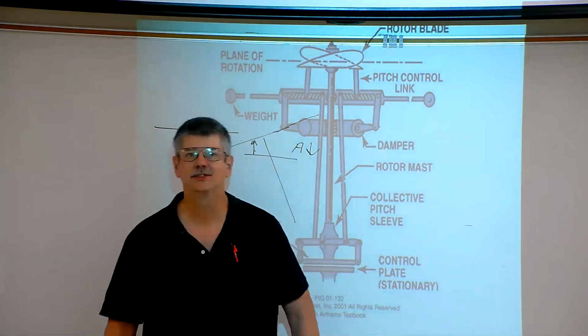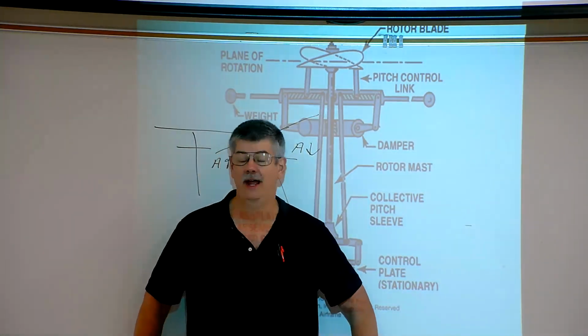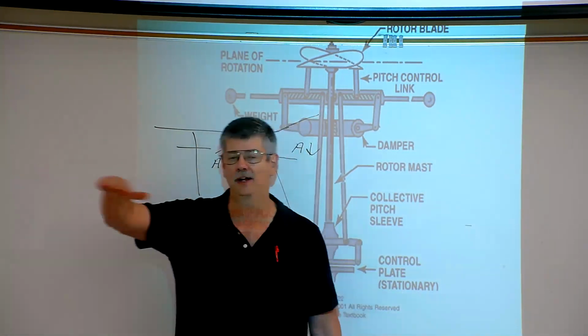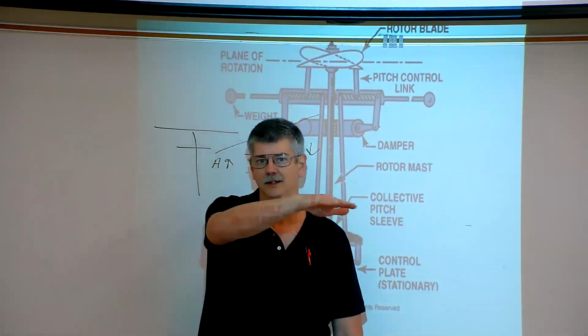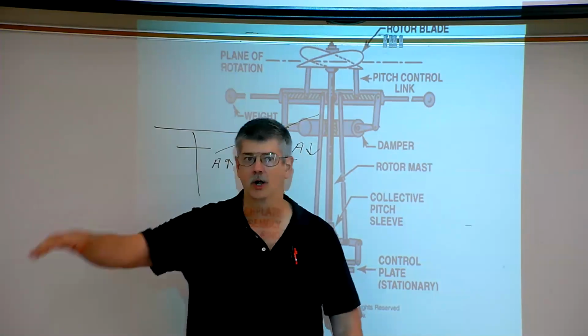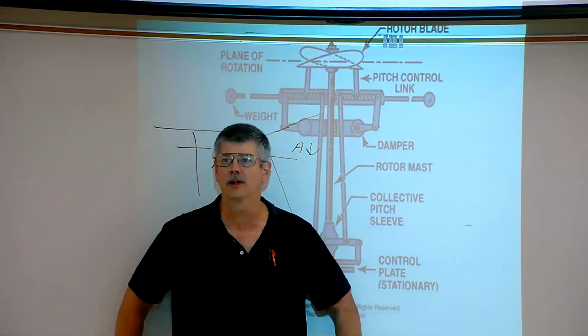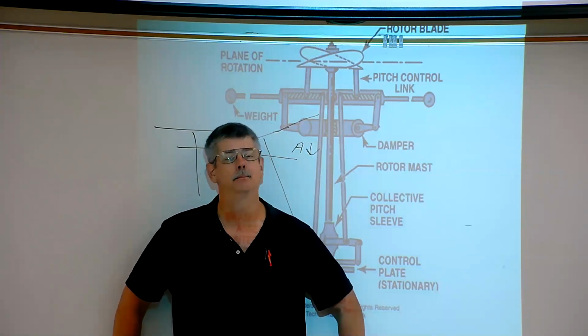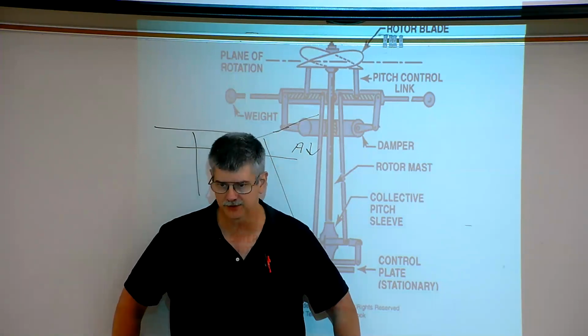Very similar to a ceiling fan in your house. If you see the ceiling fan moving horizontally, going back and forth, that usually indicates one of the blades is heavier than the other. And so you would have to do a check on the balance of the rotor blades, okay?